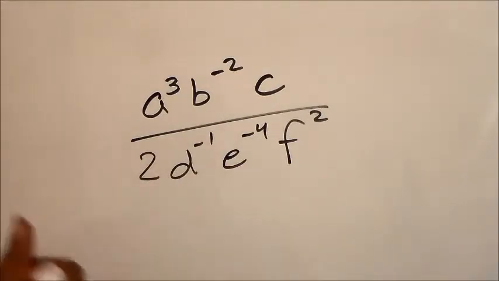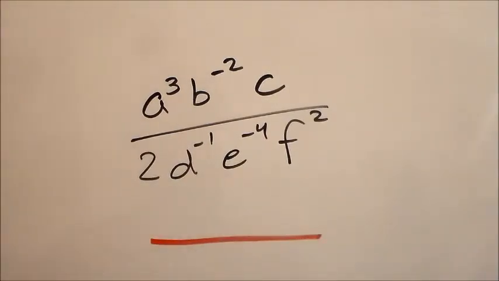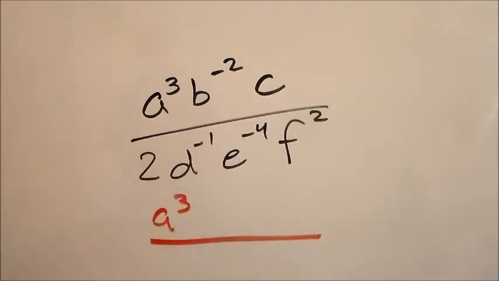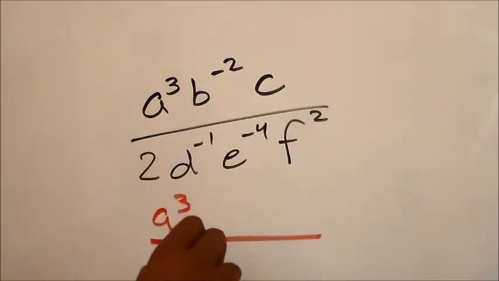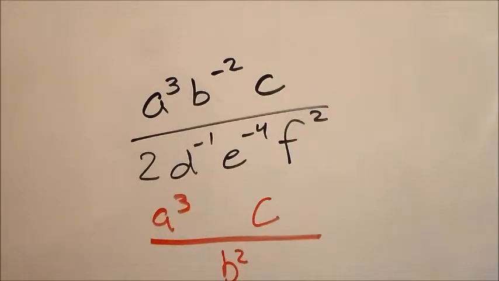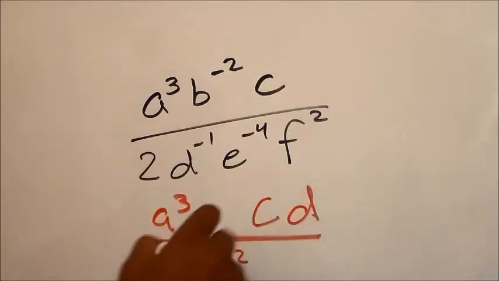All right. So look at it like this. Let's see what's staying. A is staying. A cubed is staying. B is going downstairs to change his mood. C is staying where it's at because it's positive. 2 is staying where it's at. D needs to change his mood just to keep it in order.